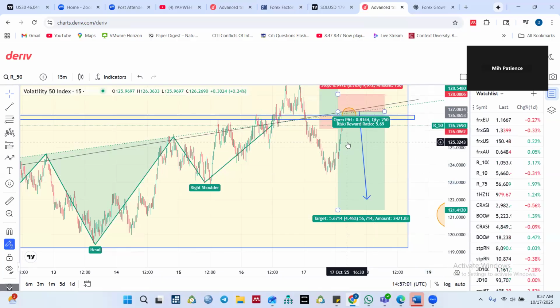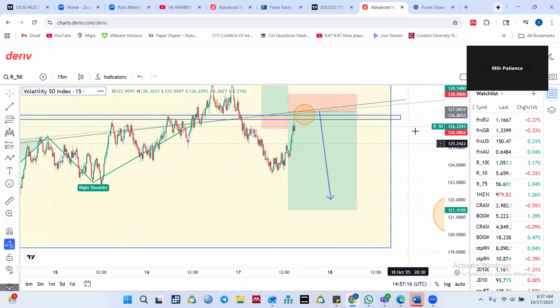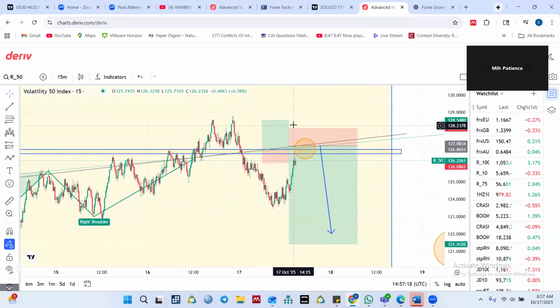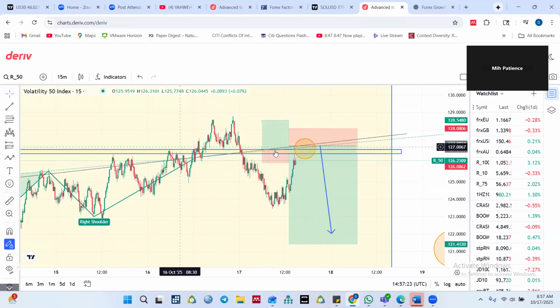So I'm combining a little bit of an idea of liquidity, and I'm looking at price action or market structure itself. So what is the other reason why this is likely to sell when it's below? It's not just the support or resistance or diagonal resistance.